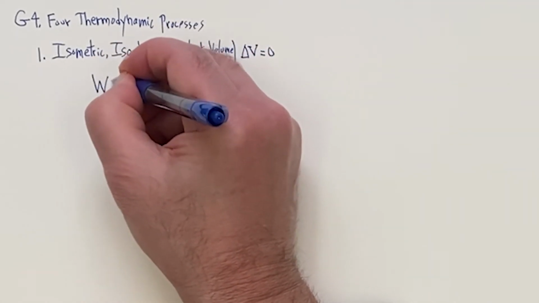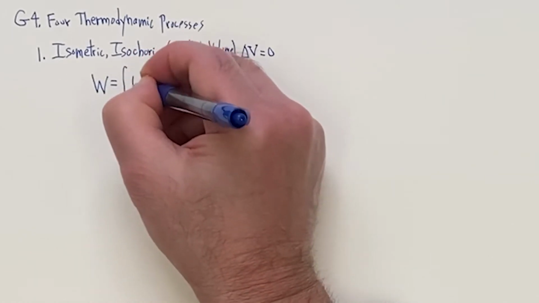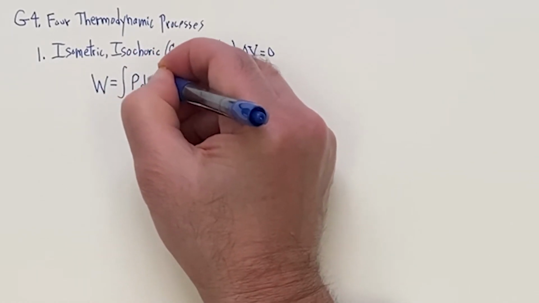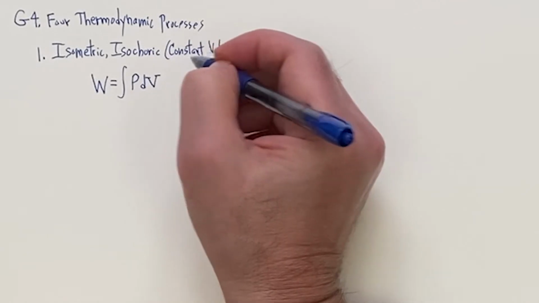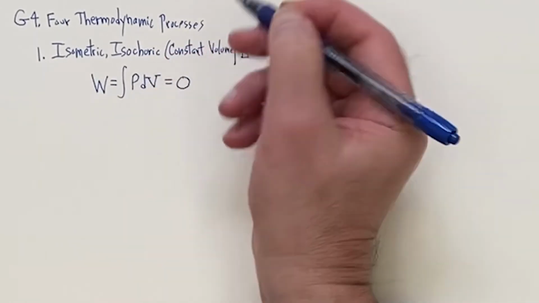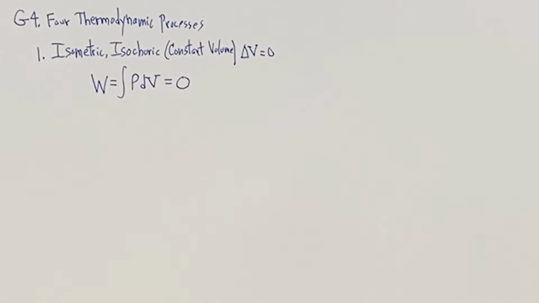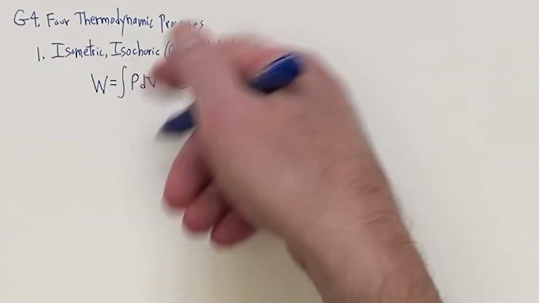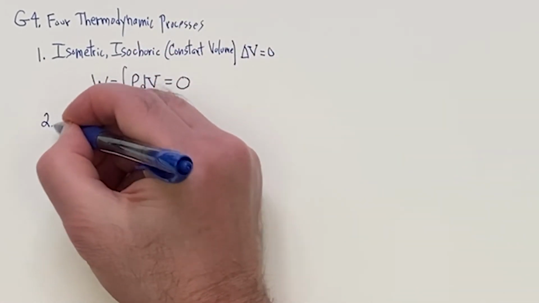If we do the work, which is to integrate PdV, as we saw in the earlier section, since the volume doesn't change, 0. No work is done. Gas has to expand to do work. Or if you want to do work on the gas, like a negative work, from the gas's perspective, you have to then compress it. That's done.